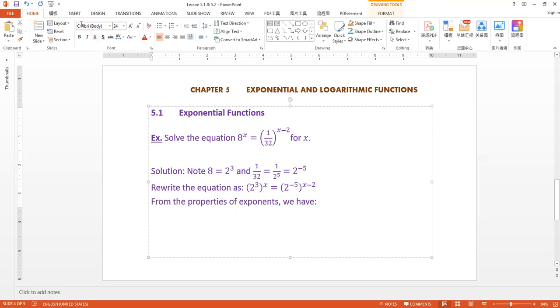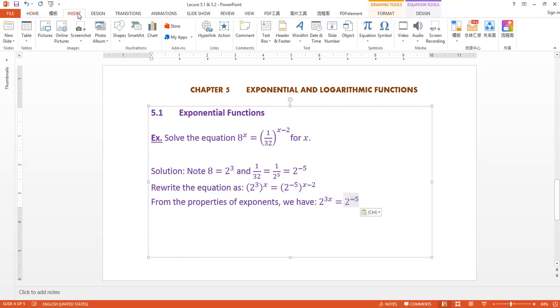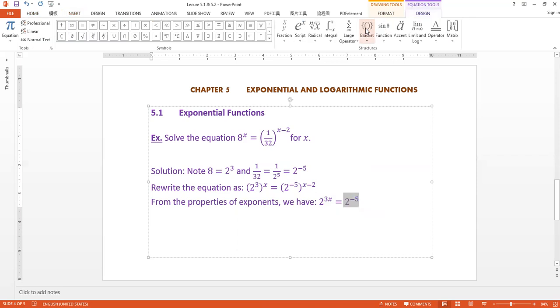On the left side, we got 2 to the 3x, right? So multiply 3 with x. The right hand side will be 2 to negative 5 times x minus 2. So just multiply negative 5 with x minus 2 for the same reason.